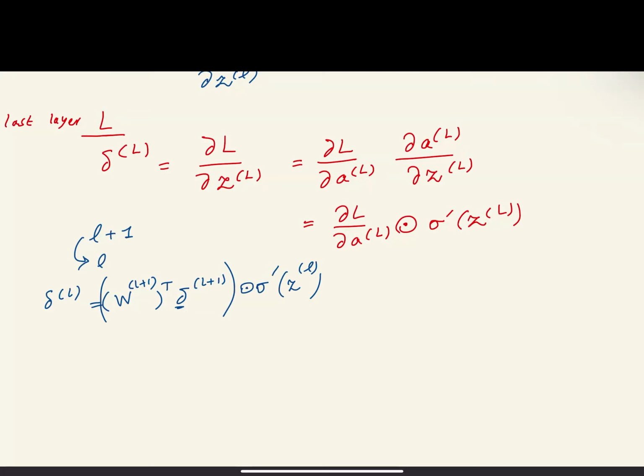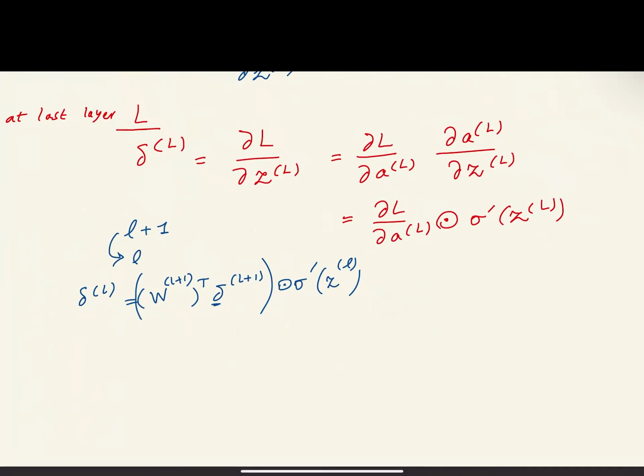So what does this equation tell us? The blame at layer L is the blame from the next layer propagated backward through the transpose of the weight matrix W_{L+1}, then scaled by the local gradient of the activation function at layer L. This allows us to move backward through the network from the last layer to the previous layer and so on, until the first layer.